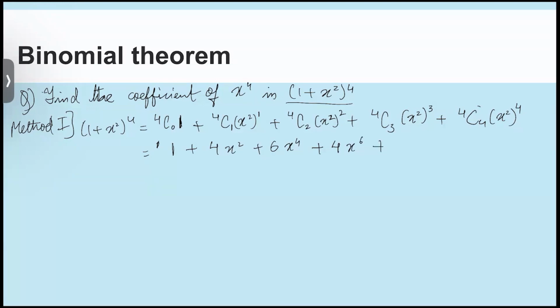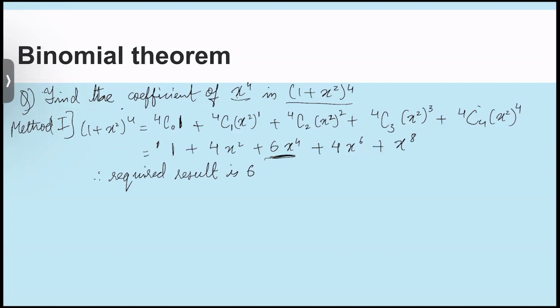And the last one, 4C4 is 1, and x squared raised to 4 is x raised to 8. Because we have to find the coefficient of x to the 4, you can see that it is 6. So the required result is 6.